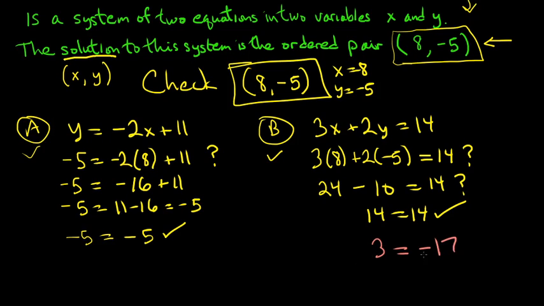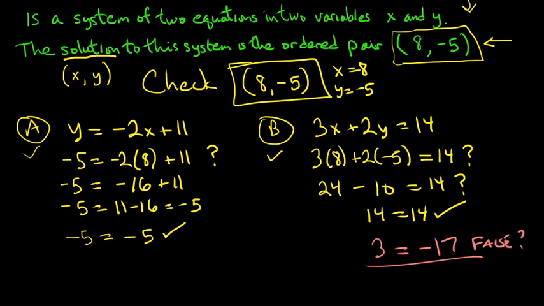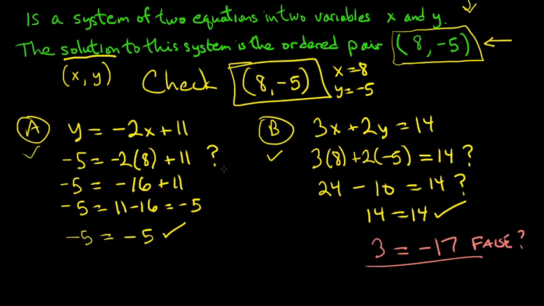Well, 3 does not equal -17. This is false. So if you get something like this, you know that it's possible you did something wrong when you solved the equation. Or it's also possible that you didn't do anything wrong, but that the equations might not have a solution, and we'll talk about that a little bit later.